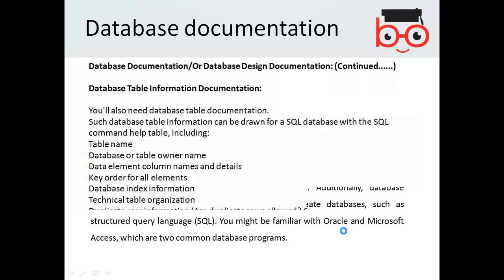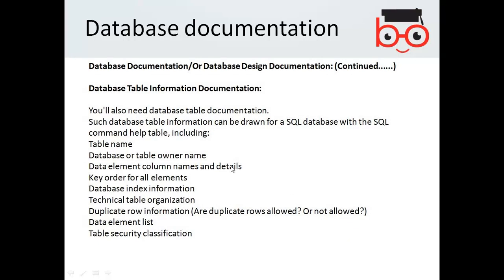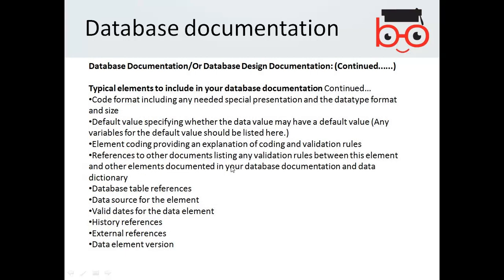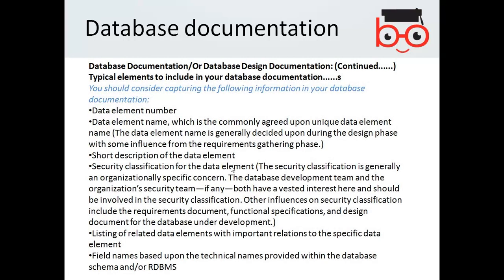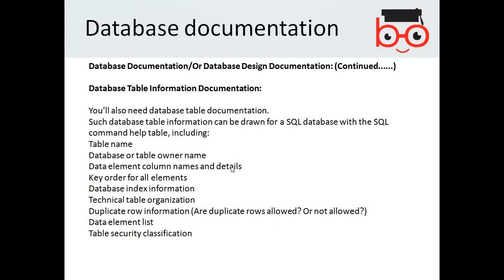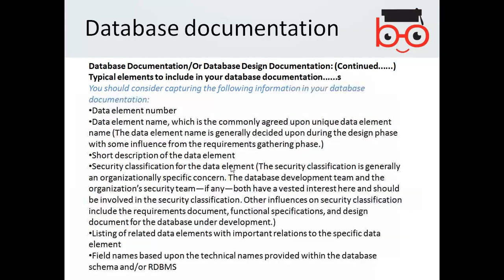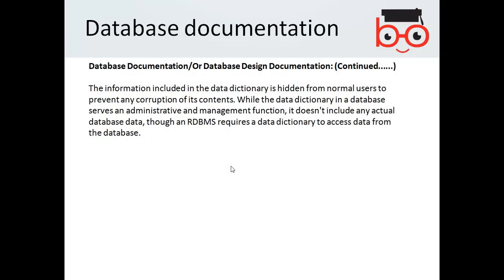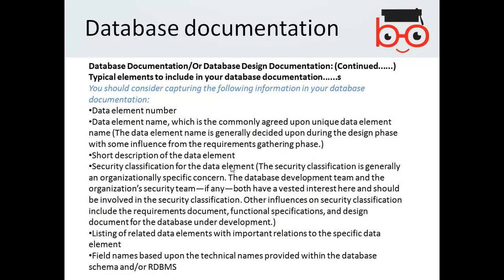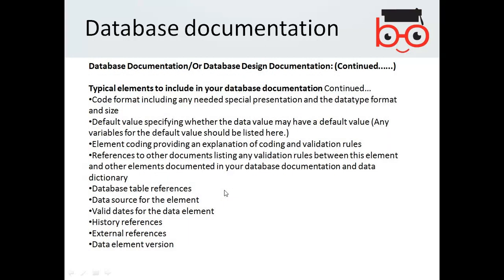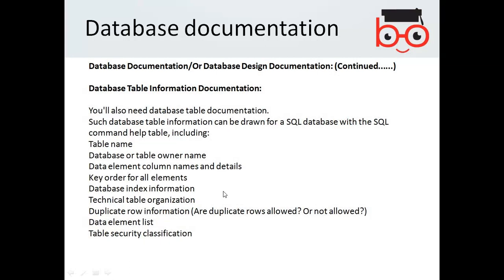So your database information is basically the information about information, how you will be storing the information, and in a database that is to be represented by the database documentation. Database documentation is a kind of database dictionary or data dictionary which should hold this information very well.